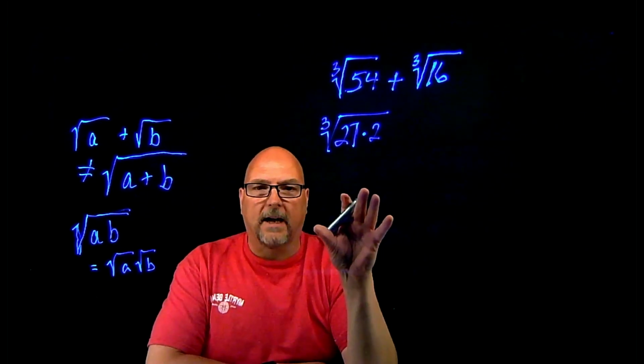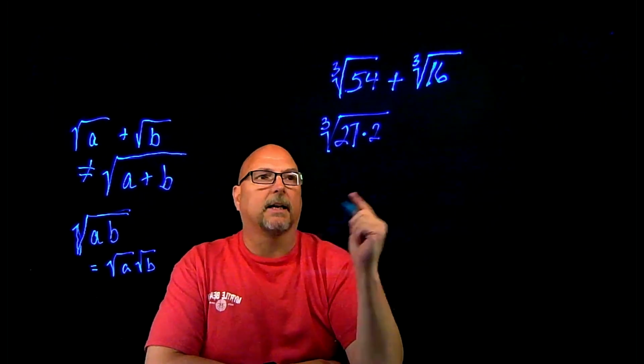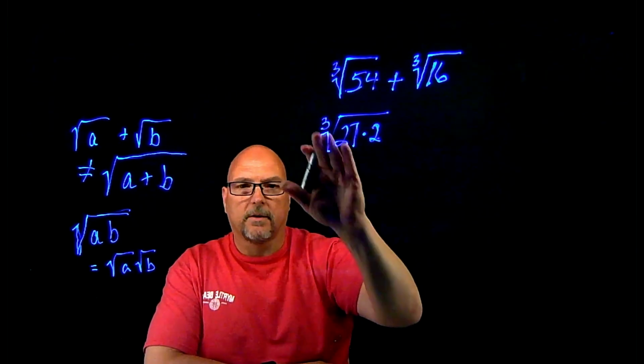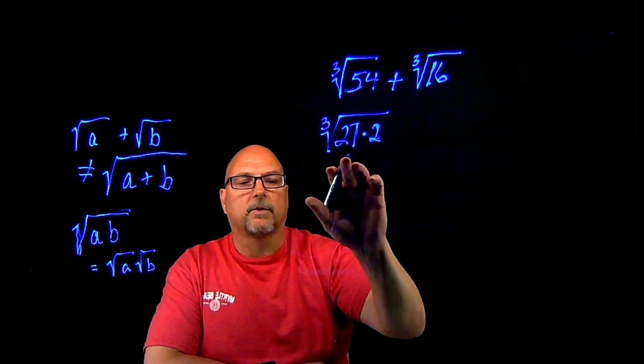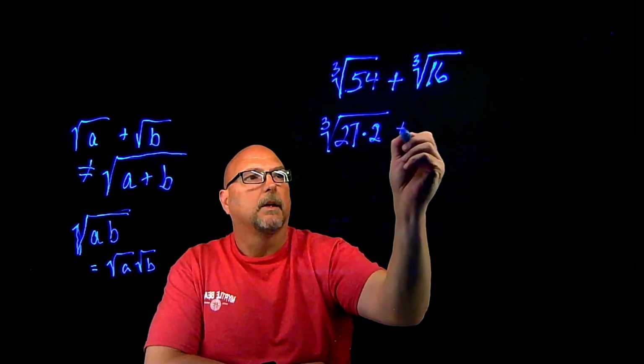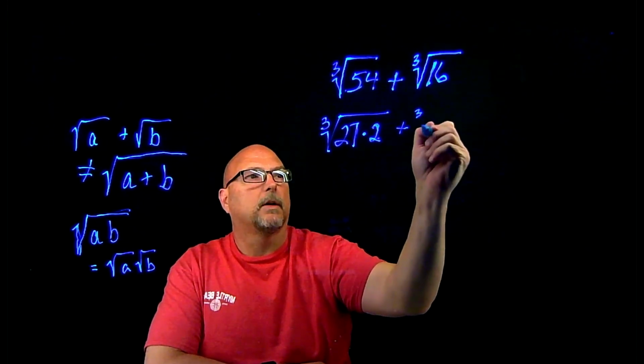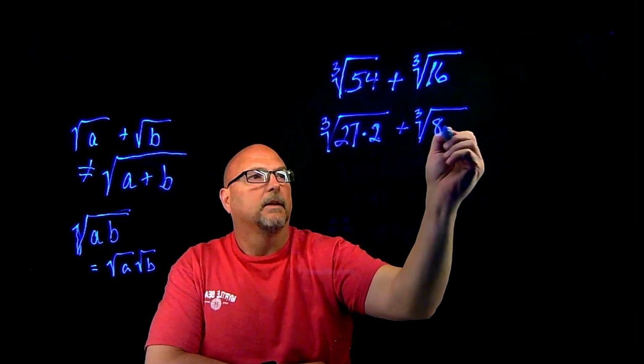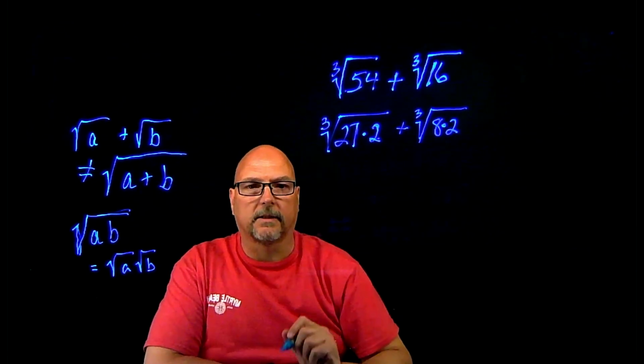Now there's other factors like 9 times 6, say, but neither one of those is a perfect cube. So that's why I use 27 and 2. And perfect cube that's a factor of 16 is 8. So 8 times 2 is 16.